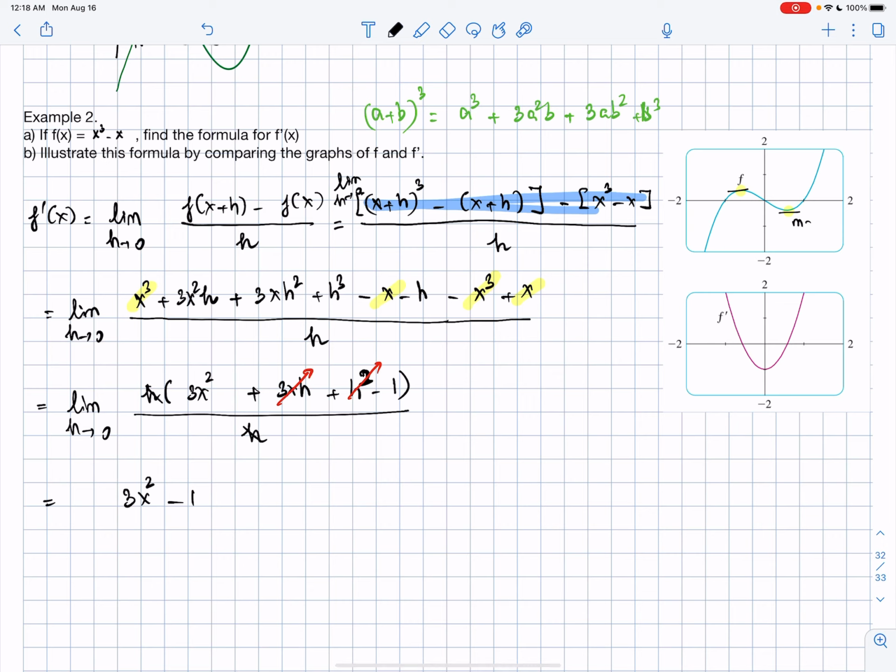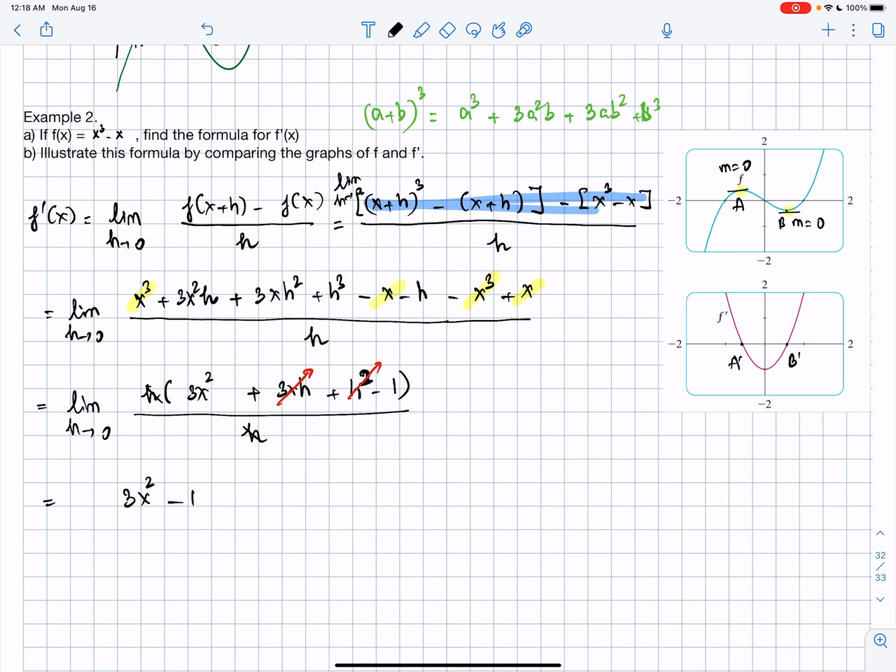So the slope will be 0 at those points. I'm going to call this point A, and this point B. Okay, so the point A is about negative 0.5, and the point B is about positive 0.5. So we have A prime in here and B prime here.